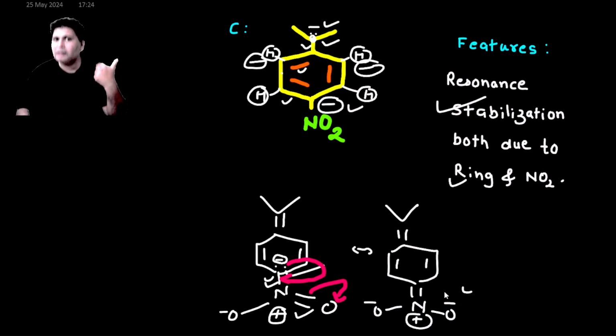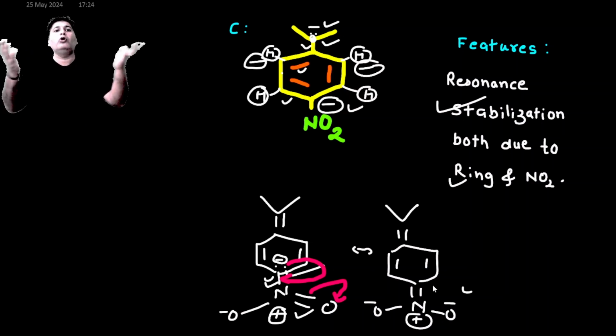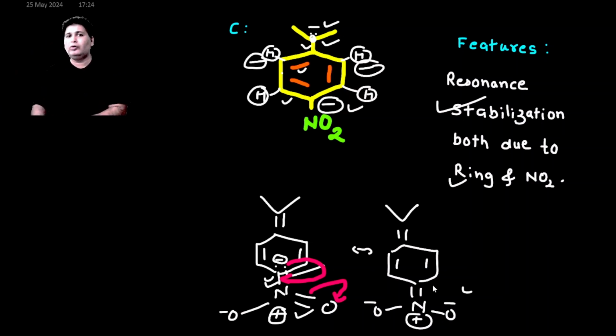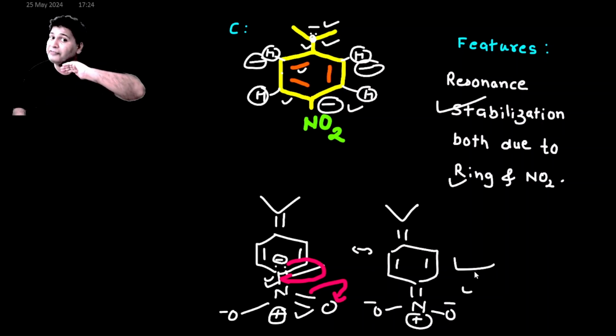It pulled the minus charge from the ring and put it on the oxygen, and oxygen being much more electronegative than carbon is very able to hold that minus charge. As you all know, a resonating structure where the minus charge is on a more electronegative element is a better structure. So because of this, it is very efficiently delocalizing the minus charge. So the NO2 is doing that.